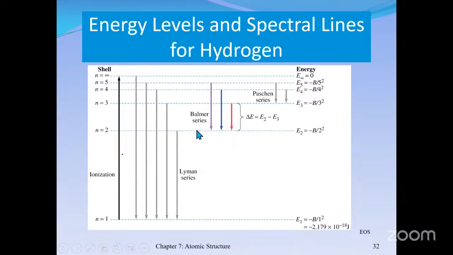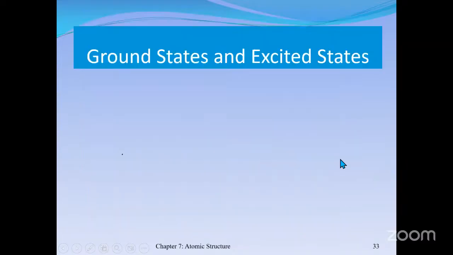And then we have the Balmer series. These are the colors that we actually observe in the line spectra, the one that I showed you earlier, a couple of slides previous to this one, right? So collectively, these are called the Balmer series, and then we have the Paschen series, right? So the Paschen series and the Lyman series, we cannot see with our own eyes. We can observe the Balmer series, all right? So that basically works for the hydrogen atom, all right?